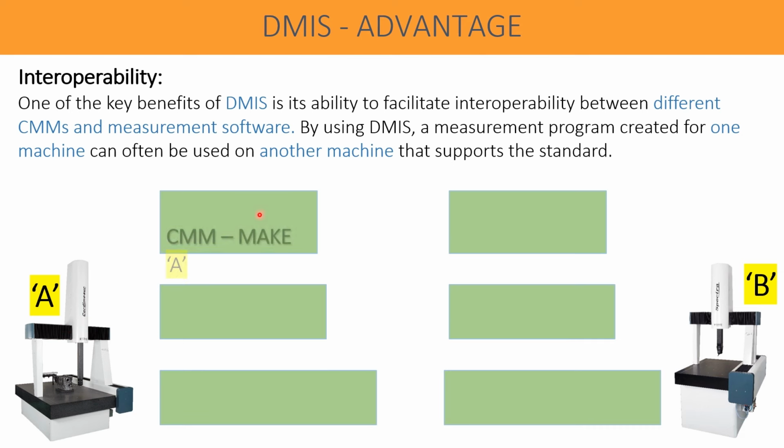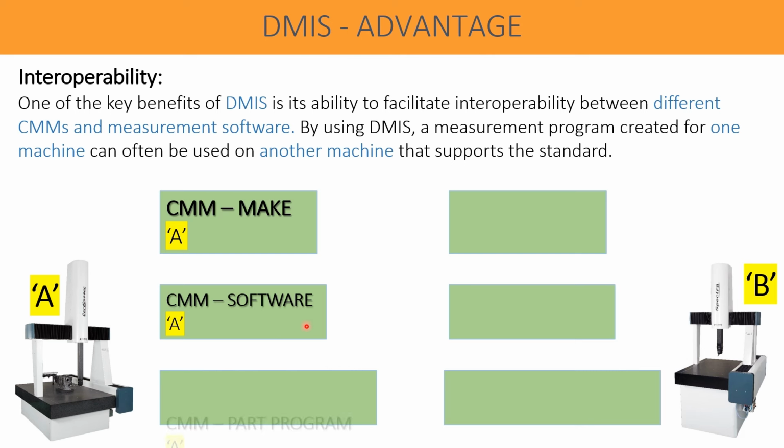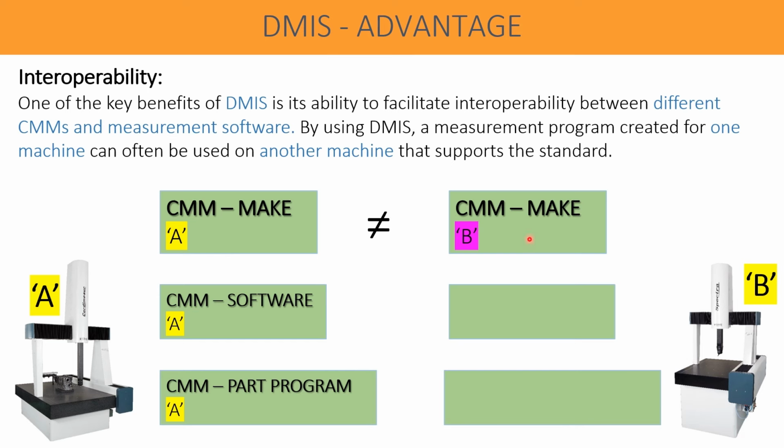It is a CMM of make, suppose A, having the application software A, and a part program created, suppose called A. Now, suppose there is another CMM, maybe of make B, having the application software B. Now, can we load the program created at CMM A with software A into CMM B on its software B?